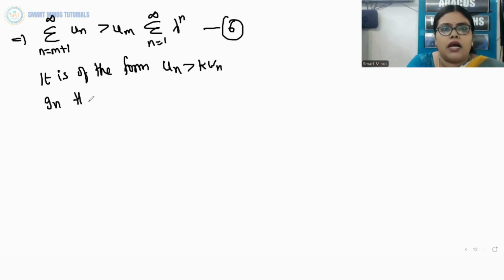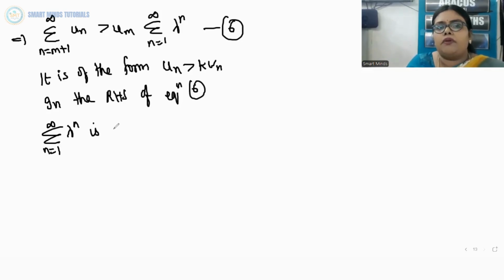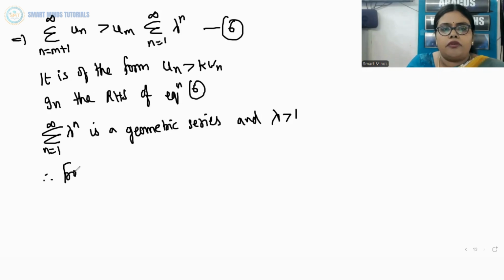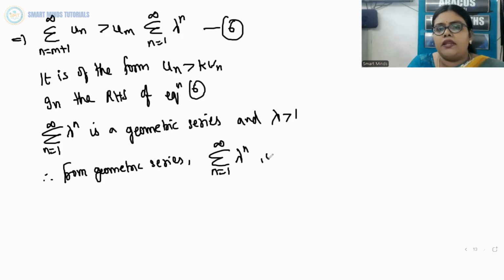So now if you see the RHS of equation number 6, you will find sigma n equal to 1 to infinity lambda power n. That is a geometric series. Geometric series means second term by first term is equal to third term by second term is equal to fourth term by third term, like that you will get. And lambda is greater than 1. Therefore, from geometric series, sigma n equal to 1 to infinity lambda power n is divergent.